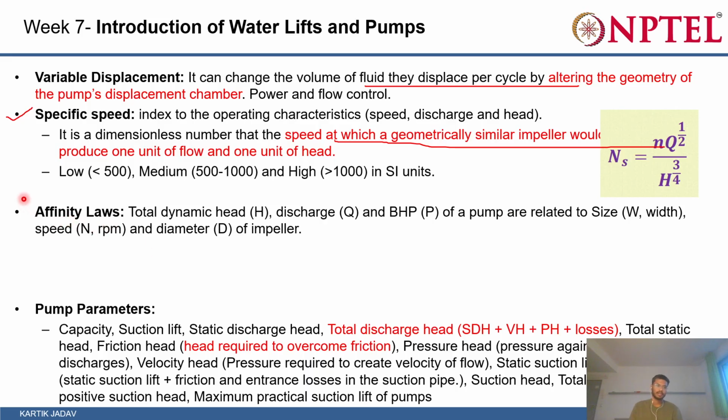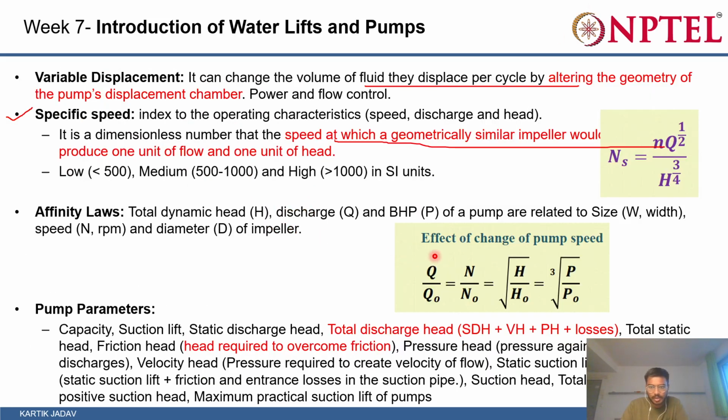Then the law of affinity comes into the picture. It is basically the relationship between total dynamic head, discharge, and brake horsepower of the pump, and how it's related to the size of the pump. It means width, then speed of the pump, and diameter of the impeller. This relationship is given by this formula, which is quite common and very famous if you want to design your variable displacement pump, specifically a centrifugal pump.